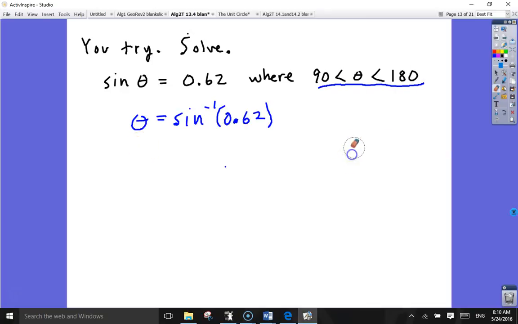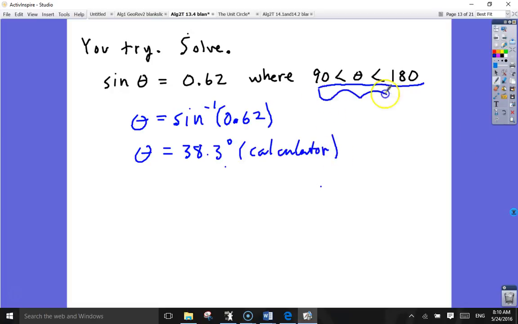Could that be our answer? Right, that's from the calculator. But remember, we were told we've got to be between 90 and 180.